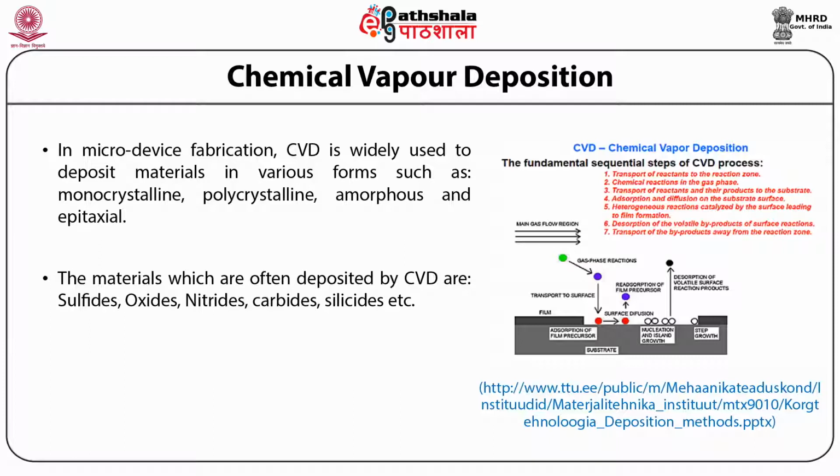Next, the adsorption and diffusion on the substrate surface. Then there are heterogeneous reactions catalyzed by the surface leading to film formation. Next, the desorption of the volatile byproducts of surface reactions. Lastly, the transport of the byproducts away from the reaction zone.